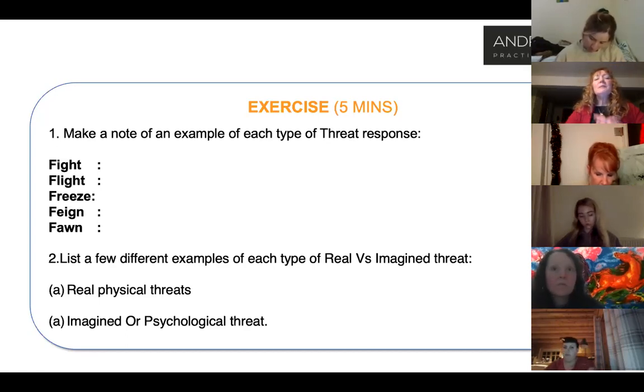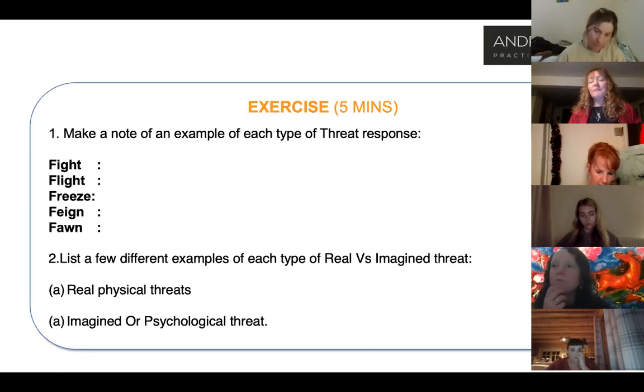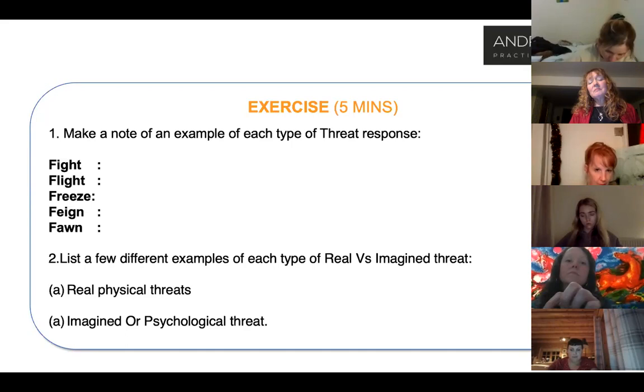Okay, so anybody want to share any for fight? I know we had one earlier on, anger, but anything else that you can think of for fight? Aggression. Aggression, yes. Arguing with your boss, for example.